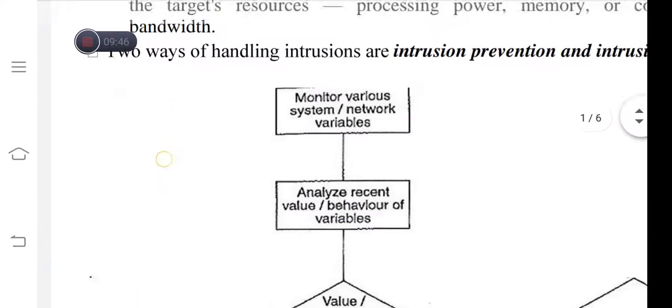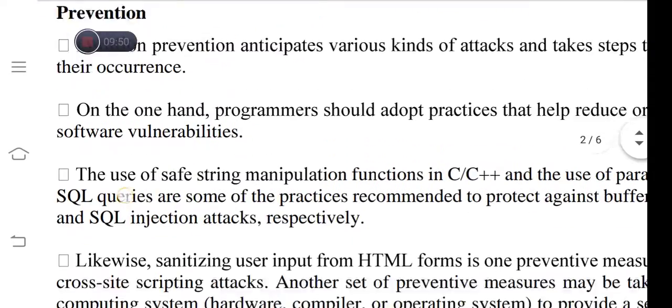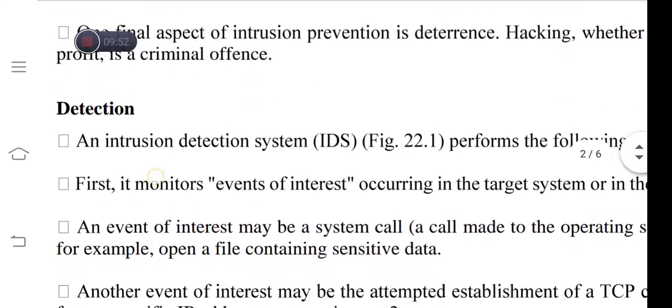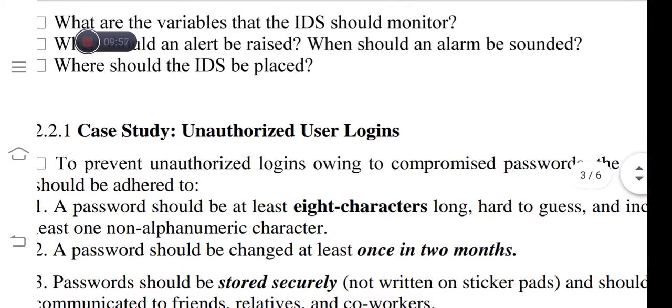So let us see what measures are to be taken with respect to unauthorized user logins. Obviously we will be making use of websites. So the user will log in. He will make use of his login credentials, that is, username and password.